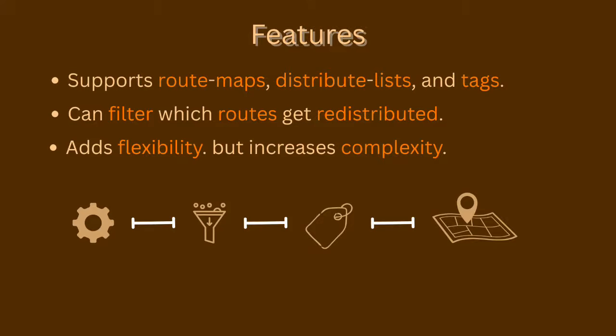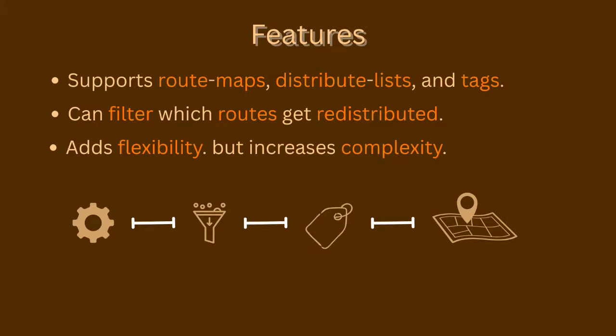Now, let's look at some of the key features of route redistribution. First, it supports route maps, distribute lists, and tags. These are all tools you can use to control which routes get redistributed and how they're handled. Second, redistribution lets you filter specific routes, so you're not flooding your routing table with unnecessary information.